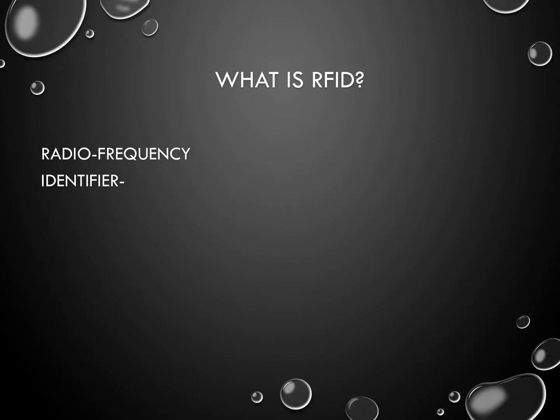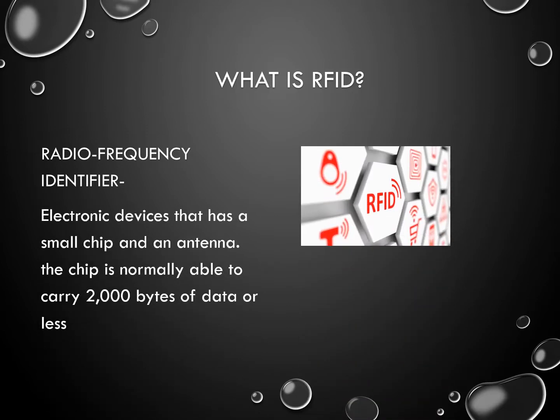The acronym RFID means radio frequency identifier. It is an electronic device that has a small chip and an antenna, and this device basically serves the same purpose as a barcode.